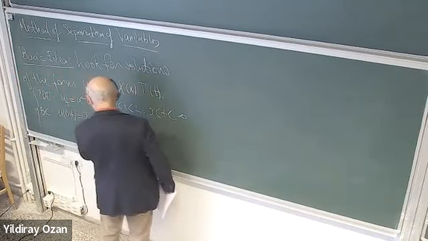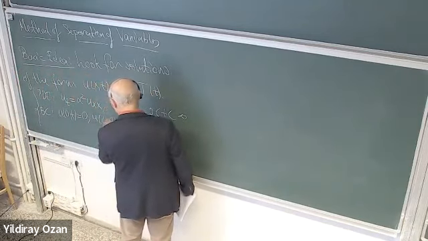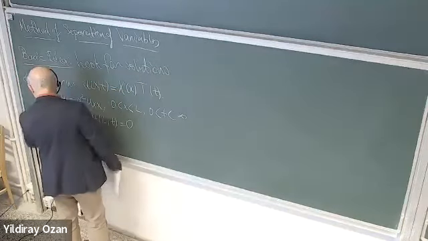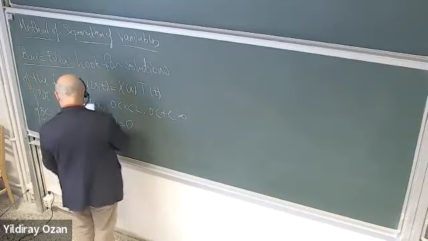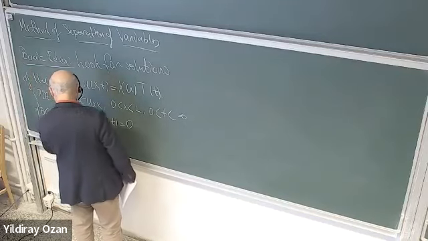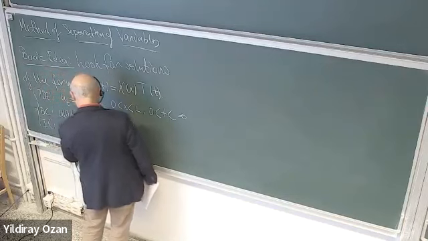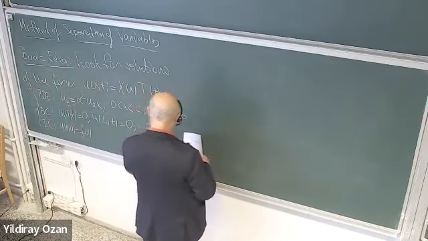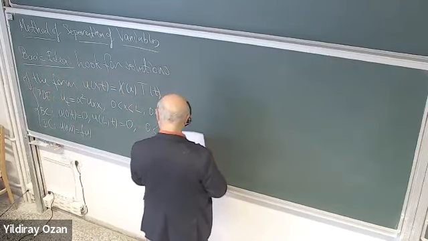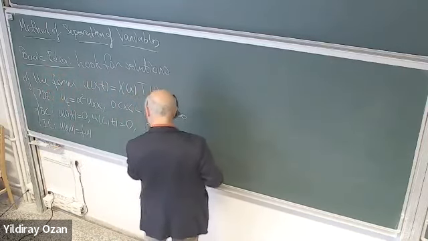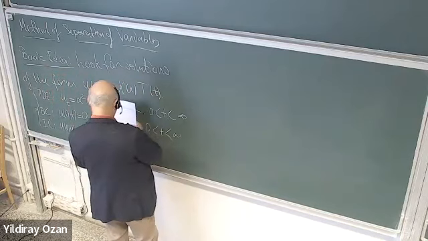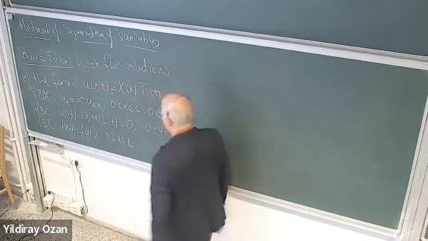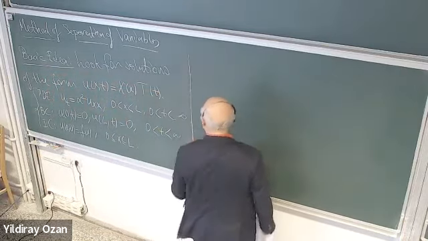For the time being, I'll consider homogeneous boundary conditions. And then we have an initial condition or initial temperature distribution, which is given like this. Here, t is between 0 and infinity. And here, x is between 0 and L.